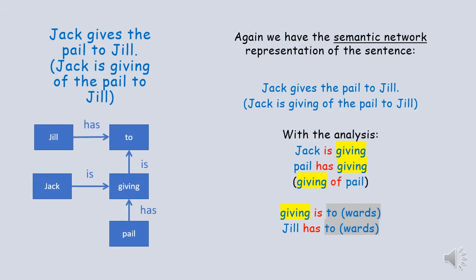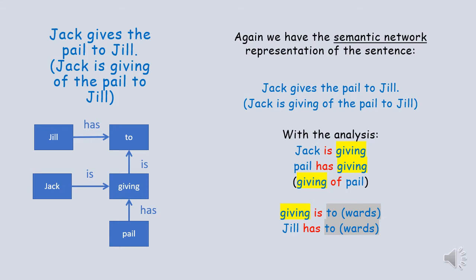Again, we have the semantic network representation of the sentence Jack gives the pail to Jill, which we reworded as Jack is giving of the pail to Jill. And with the analysis we have Jack is giving, represented by Jack and giving nodes in the semantic analysis, linked by is.